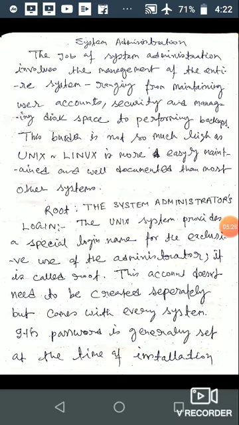So the root user you do not have to create separately.